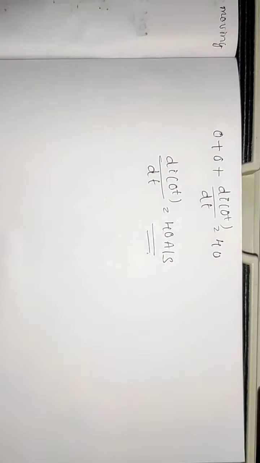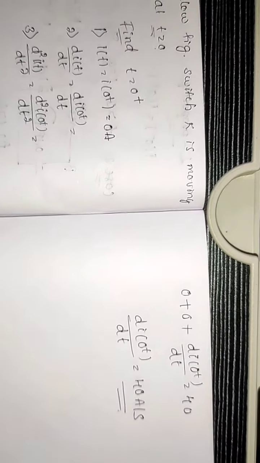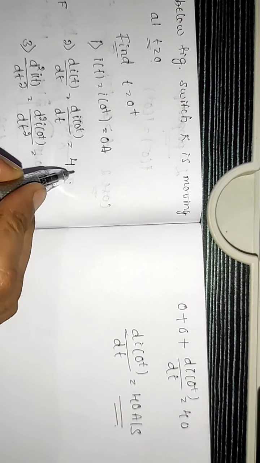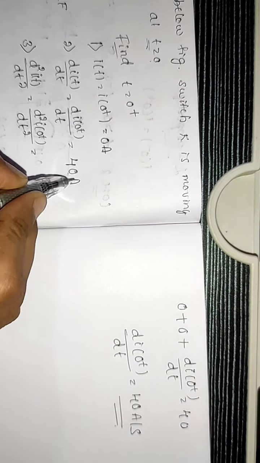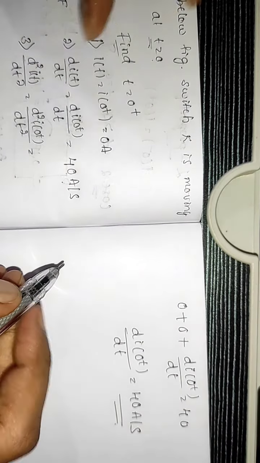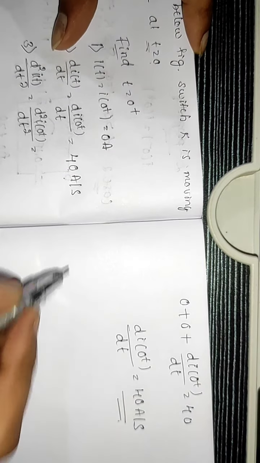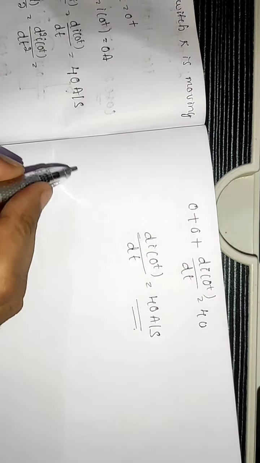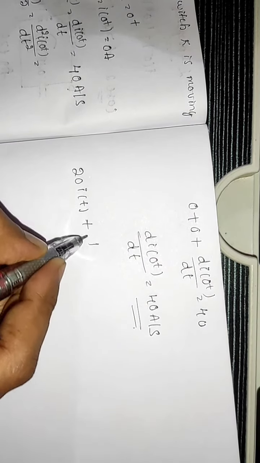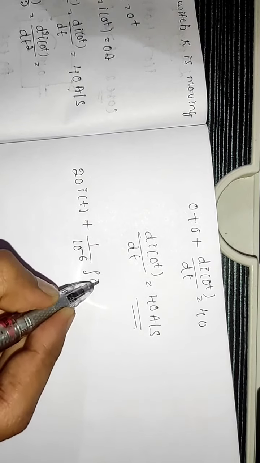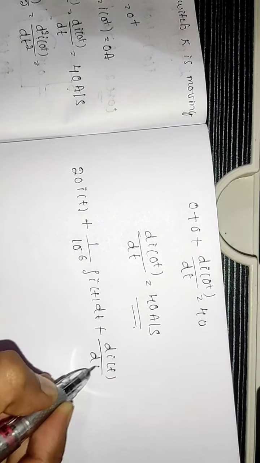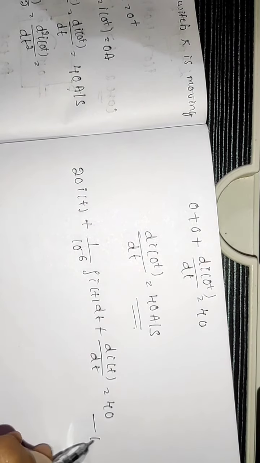Okay, so I will rewrite the equation 1. Equation 1 is 20 into I of t plus 1 divided by 10 power minus 6 integration of I of t into dt plus d I of t divided by dt equals the 40. Right, this is the equation 1.